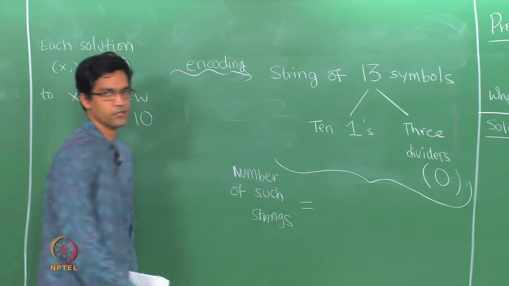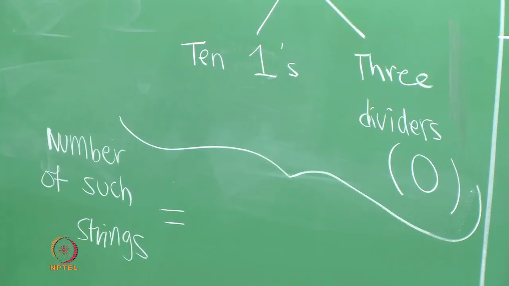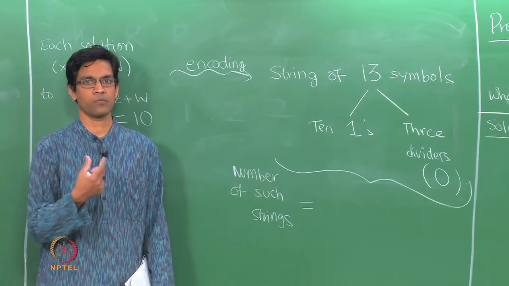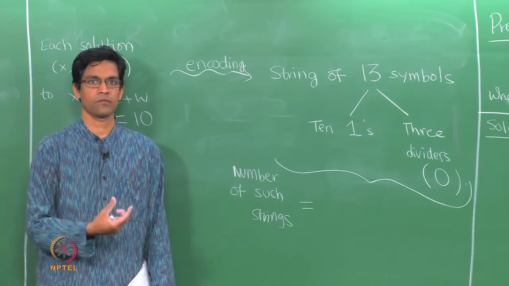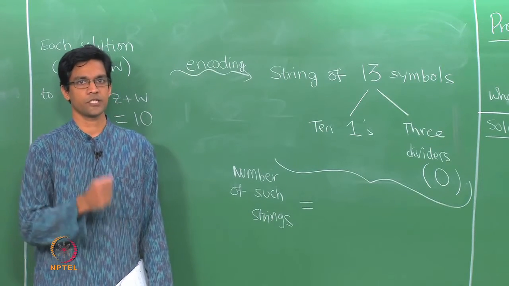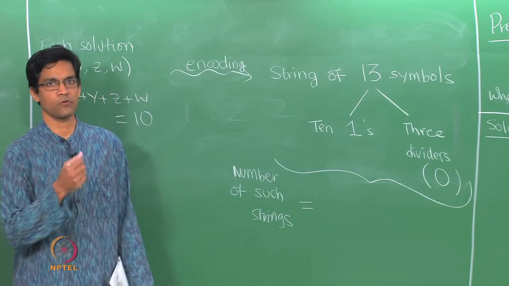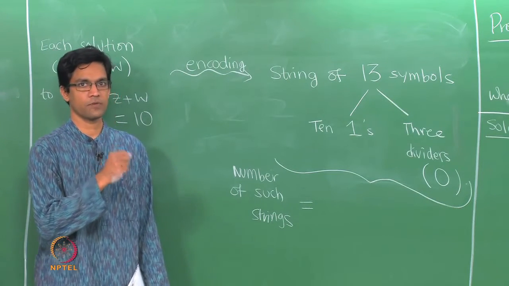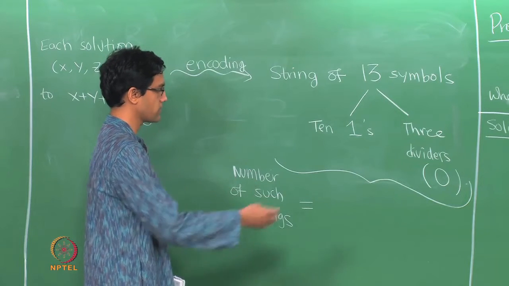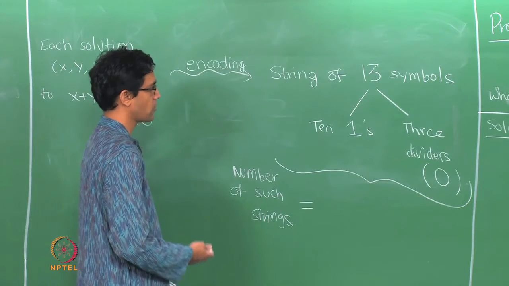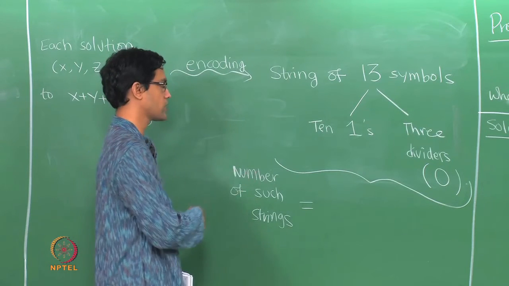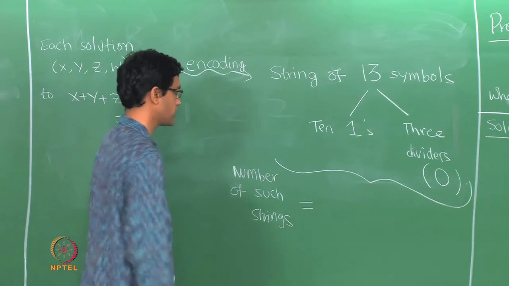So recall that in one of the earlier lectures, we talked about writing out strings of A's and B's. We said the number of strings of length n which contain r A's and n minus r B's is just n choose r, because you just have to find the positions where the A's occur. Now this is similar. We have a string of 13 symbols and you only need to choose the positions where either the 10 1s occur, or the 3 zeros occur.